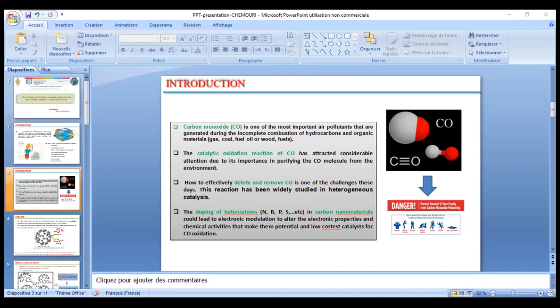These results clearly show that the Se-doped fullerene presents the best surface for the adsorbed O2 and CO.